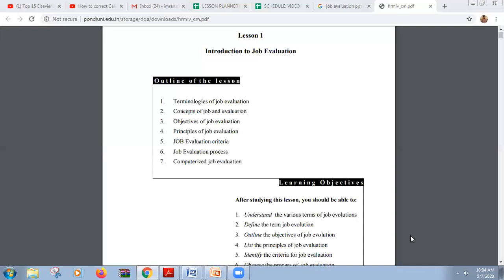This way, when the job evaluation is done, we evaluate the workers who are working on it. For example, we have calculated that for a certain manufacturing process, 8 minutes is the standard time. If a worker takes more than 8 minutes, that means he is not performing his job efficiently.